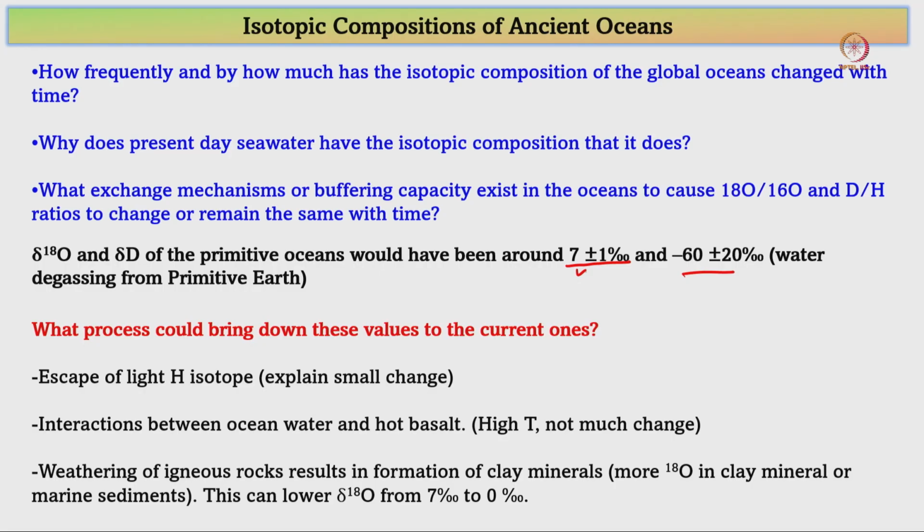Second, which is very important, is the interaction between the ocean water and the hot basalt. So, within the ocean mass itself, if this is my ocean and this is my oceanic floor, this oceanic floor is forming and getting destroyed, again forming, again getting destroyed.